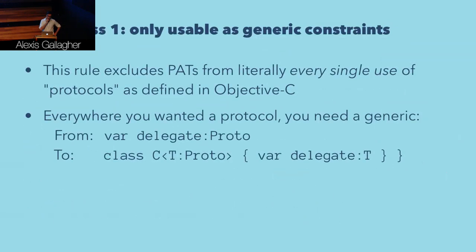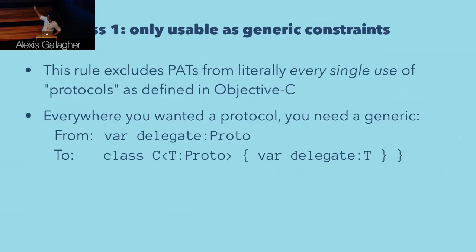Second weirdness. Everywhere, and so how's that expressed? The effect of this is that everywhere that you wanted to have a plain old protocol before, something like this delegate is defined with this protocol, now, in order to use a PAT, you need to have a generic constraint. So now my var delegate declaration, let's suppose it's inside a class. Well, now that class needs to be a generic class, with a type parameter T with a constraint protocol.